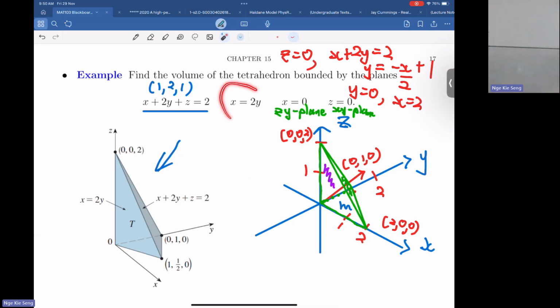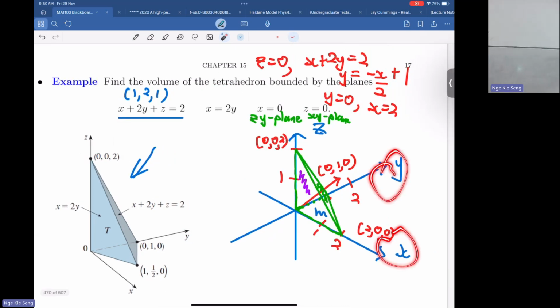So what's this wall here? This is x equals 2y. So x equals 2y means what? On the xy plane here, how do we draw x equals 2y? Or you can understand it as y equals x over 2, meaning you just make it less lengthened.